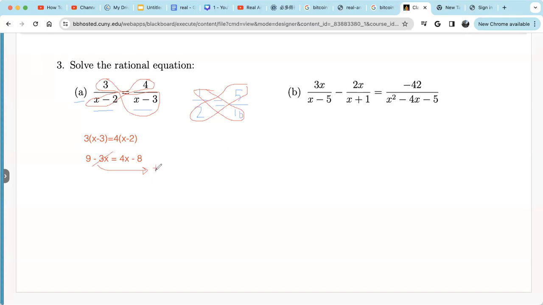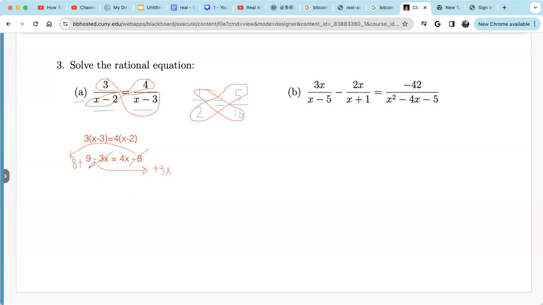Or it's the same to say, well, let's add 3x on both sides. At the same time, let's add negative 8 on both sides. Or to think, let's move negative 8 to the other side. Negative becomes positive. Or it's exactly the same as saying, let's add 8 on both sides.